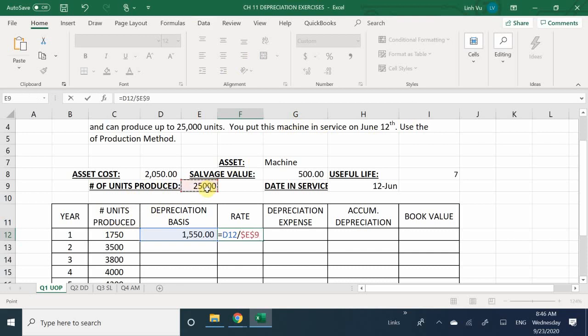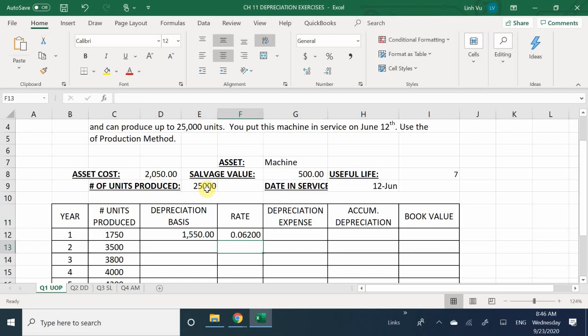That's why I got confused. So it should be about 6 and 2 cents. I don't know how to say that in proper English, but it's roughly 6 cents. Okay, and I'm not going to round because it doesn't tell me to round. So I'm going to leave all my formulas in my calculations just like this.